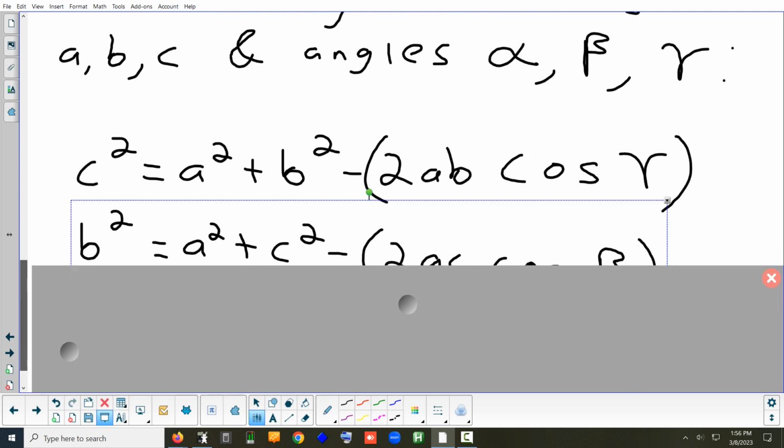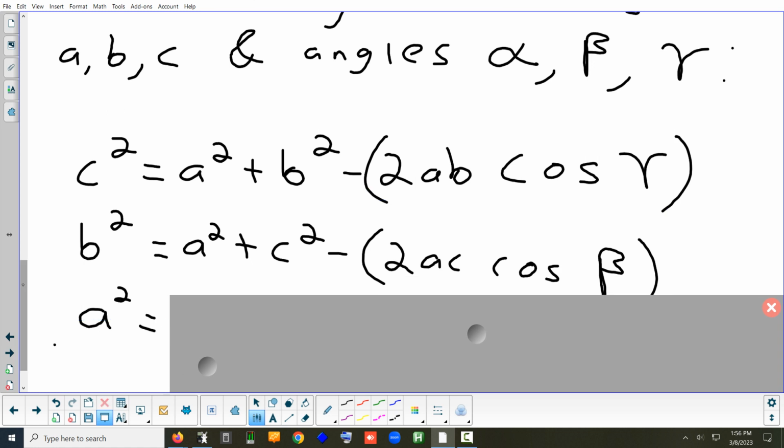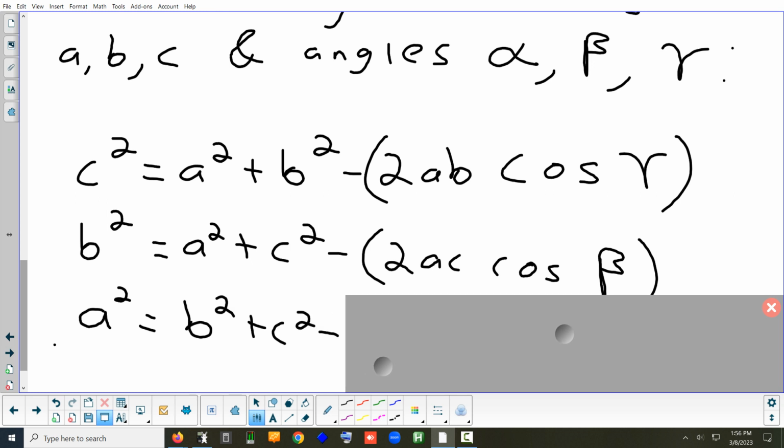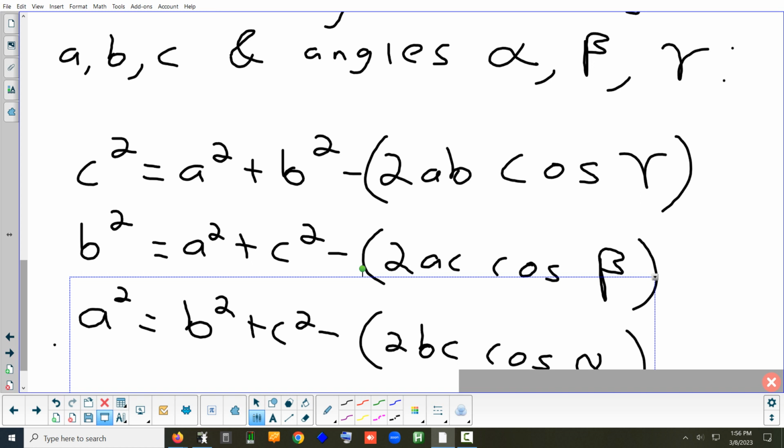There you go. All right. How about if we started it with A squared? B squared plus C squared minus 2BC cosine of the angle across from the letter you started with. Yep.